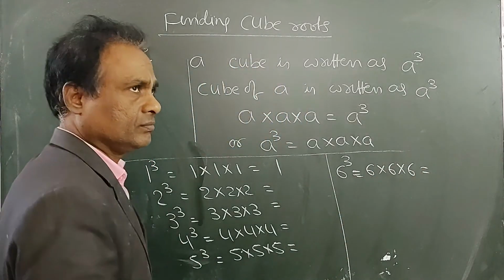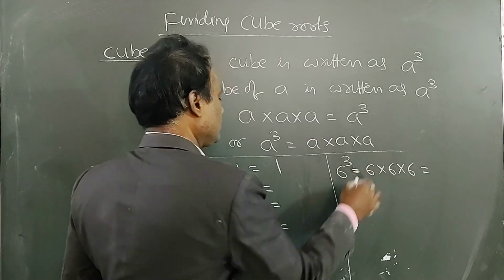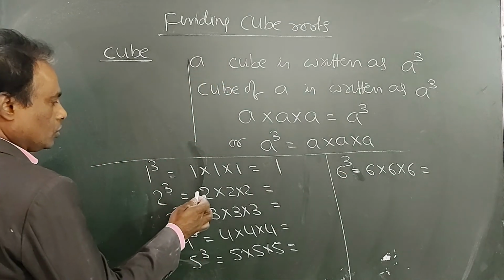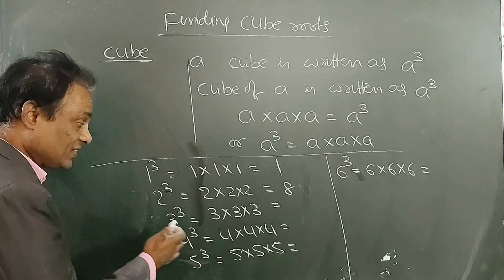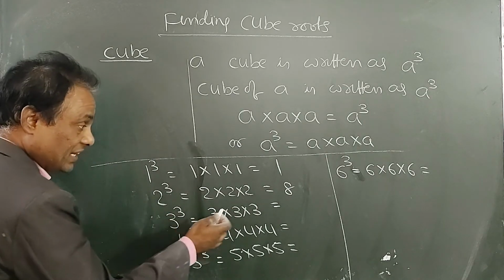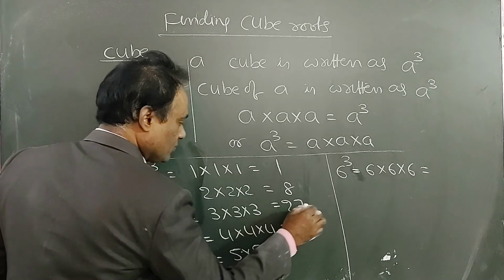Just for practice. 2 cube, 2 into 2, 4 into 2, 8. 3 cube means 3 into 3 into 3, not 3 into 3. 3 times 3 is 9, 3 times 9 is 27.